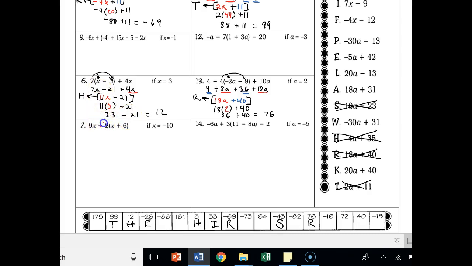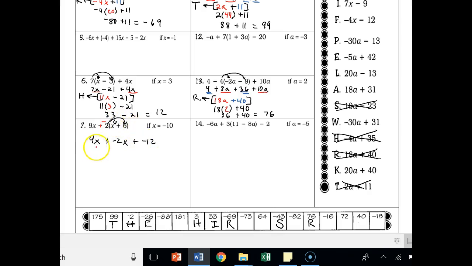So we say plus a negative, so that means we're going to do a -2 times x. So first of all, this is just 9x, right? But then a -2 times x plus, so that's plus -2x, because -2 times x is just -2x. And then a -2 times 6, it's going to be plus a -2 times 6 is a -12, right?